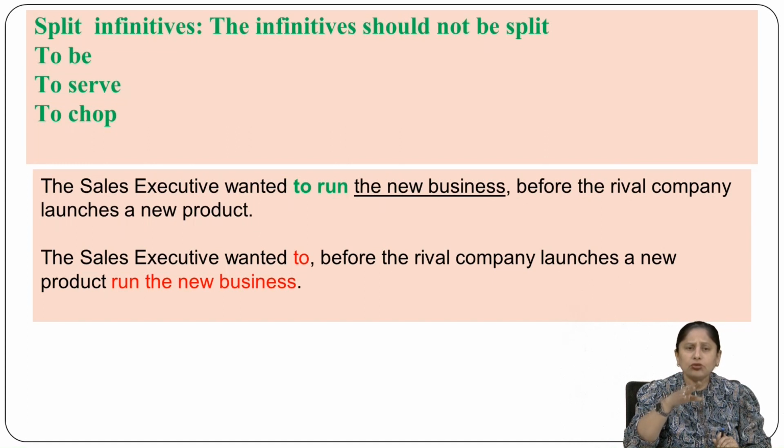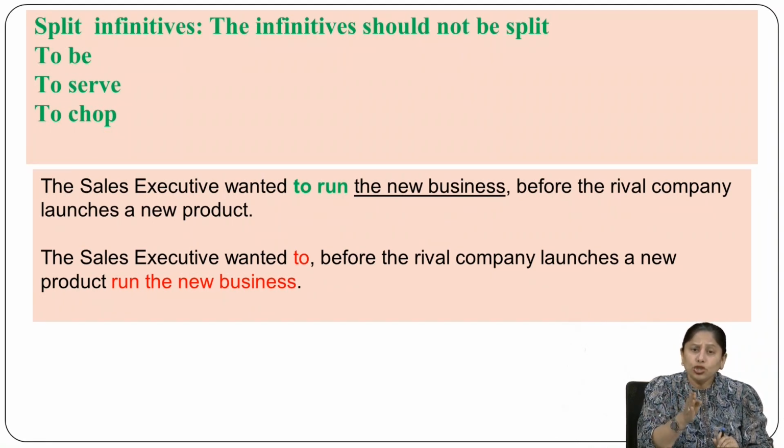Split infinitives do not sound so strong, and that's why one has to keep them aside, and one should focus on keeping the infinitive with the "to" only. Do not try to split it.